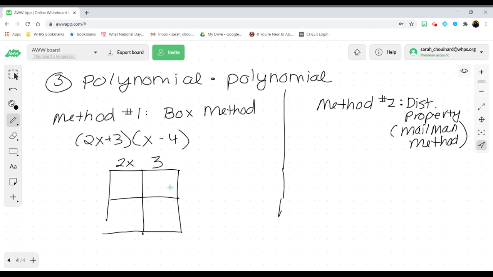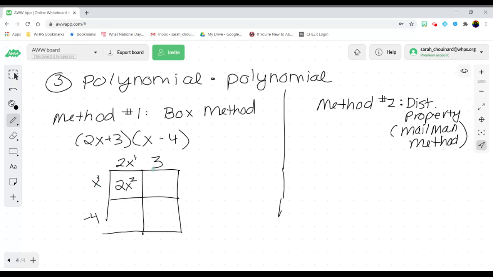So that's 2x plus 3, and then x minus 4. And in this box, it also might make you think of science, like Punnett squares, when you're doing the genealogy stuff. If I do 2x times x, don't forget these both have a power of 1. That's going to give me 2x squared, 1 plus 1.